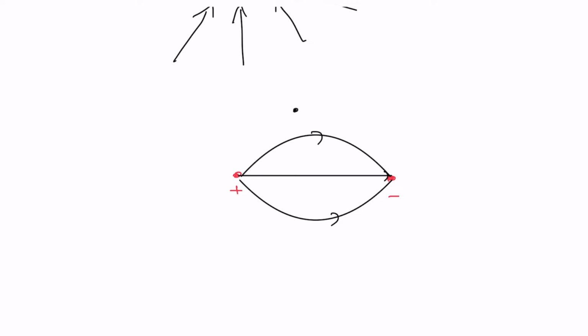Suppose point P is here, so the positive charge repels and the negative charge attracts. Due to that, the resultant force may act at this point. Suppose a unit positive charge is placed here, the unit positive charge is moving along this path. Because the direction is continuously changing, we get a curve. So these are the field lines we get like this.